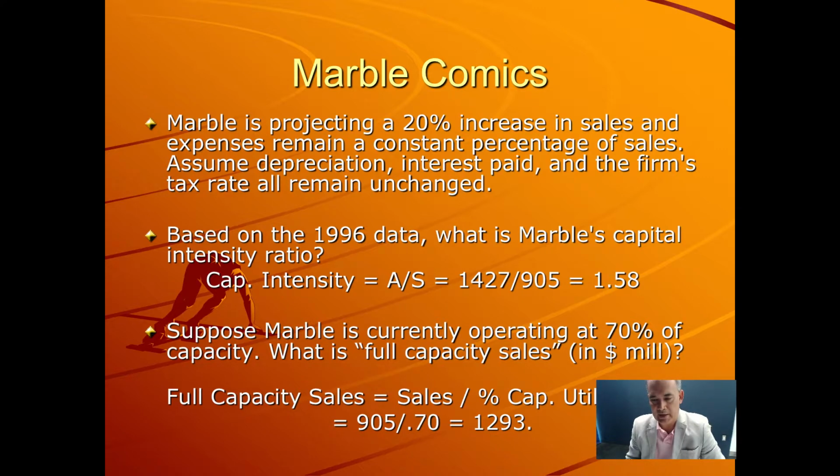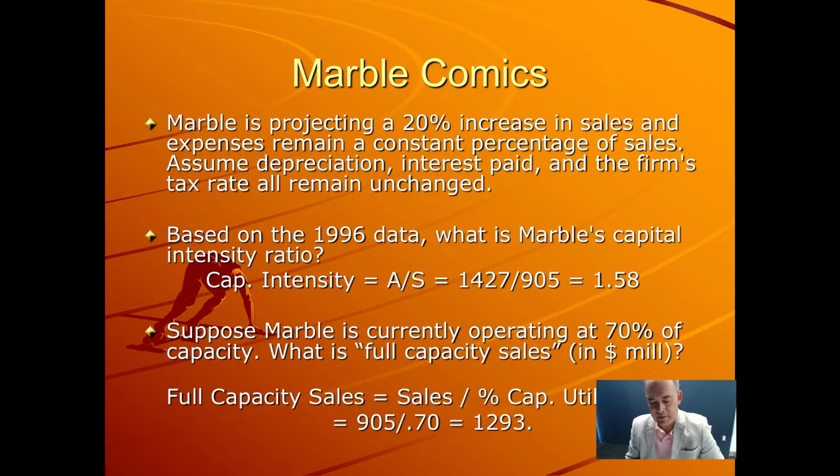If Marvel is producing $905 million in 1996 with 70% production capacity, how much in sales is the company going to produce with 100% of full production capacity? The full amount of sales that the company can produce with full production capacity is 1,293.